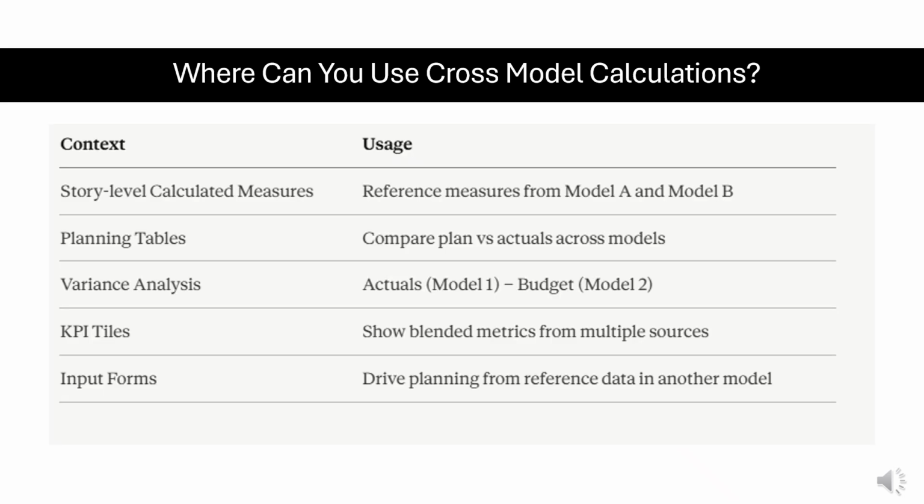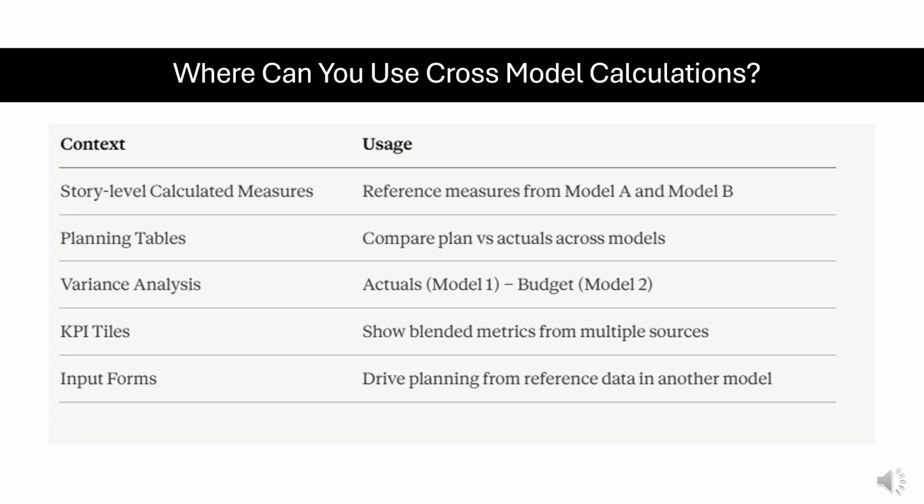Now, where can we apply these cross-model calculations? There are several areas within SAC. The most common use case is story level calculated measures, where you are building a widget like a chart or table and you want to bring in data from two different models into one formula.